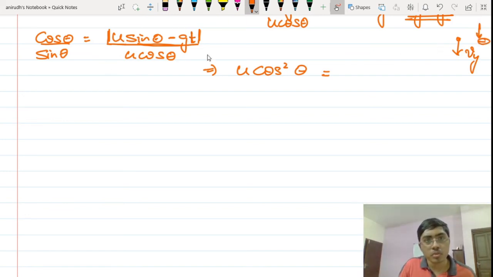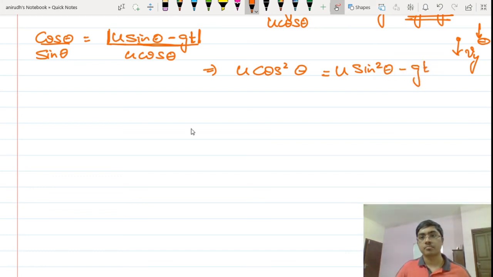So if you do this solution, you will get it as negative. That is why we kept the modulus, isn't it? That means gt is bigger than u sin theta, and that is the reason the net value comes out negative. So if I take it out of the modulus, I can write it as u sin square theta minus gt.